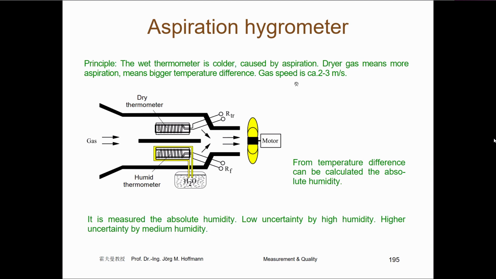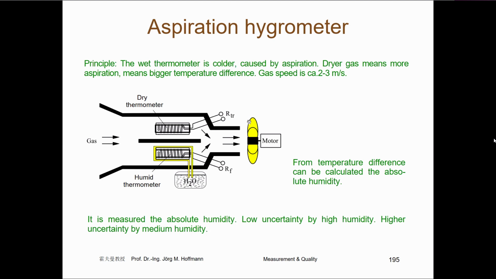How is the principle? You have two thermometers. One is a dry thermometer, and one is a wet thermometer. The humid thermometer: you have water, and you have a tube around this second thermometer.